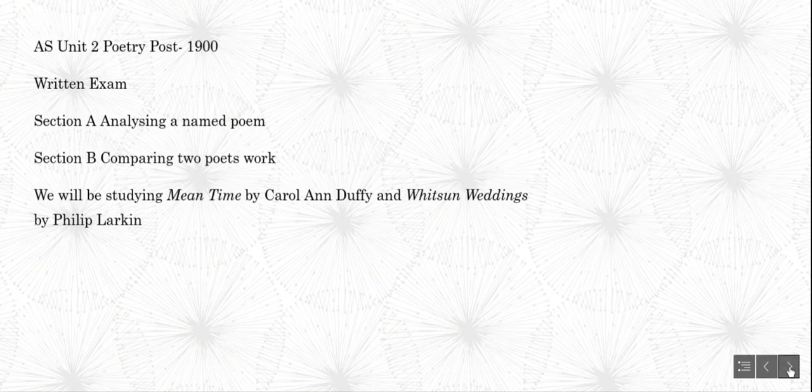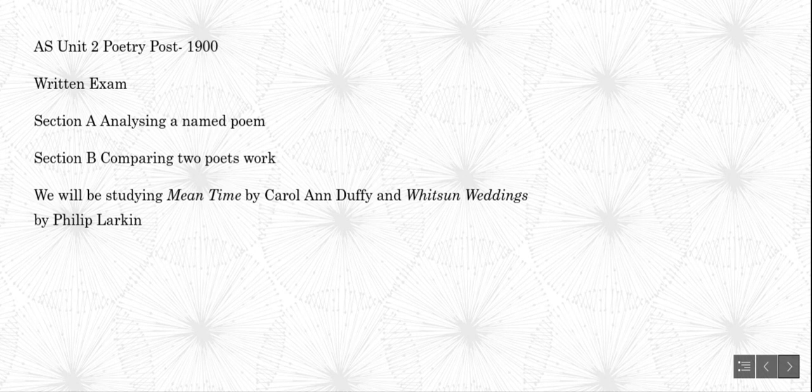Unit 2 is the poetry unit, and that again is a written exam. So the whole of AS is examined externally. In Section A, they analyse a named poem, and in Section B, they compare the works of 2 poets.